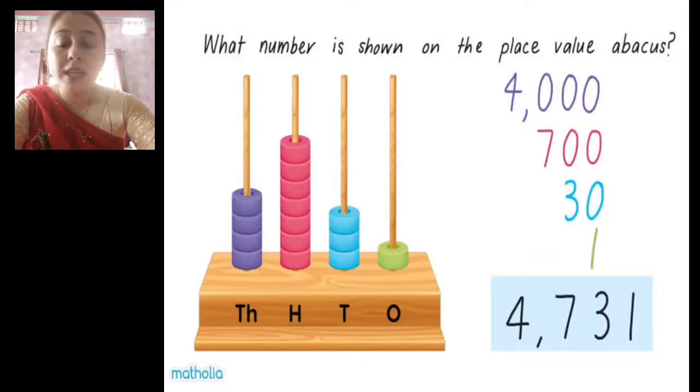Next there are 7 beads, so the place value of 7 is 700, right? In 1000 there are 4 beads, so the face value is 4 and the place value is 4000. So your number is 4731. In this way you will learn to form numbers with the help of the abacus.